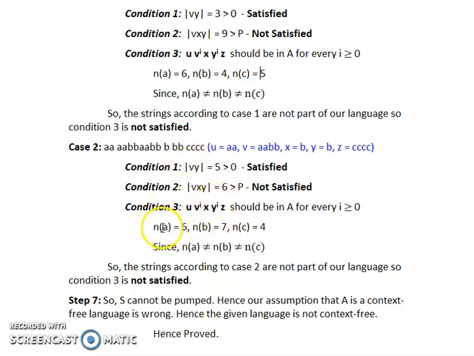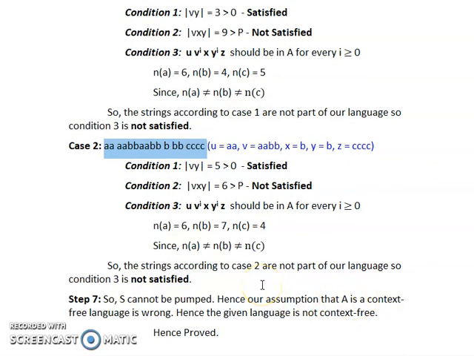So over here we find the number of a is equal to 6, the number of b is equal to 7 and the number of c is equal to 4. So the number of a is not equal to the number of b is not equal to the number of c. Also, the order in this string is not followed according to our language, that all the a's should be followed by all the b's, which should be followed by all the c's. So the string according to case 2 is not a part of our language. That's why condition 3 is not satisfied.